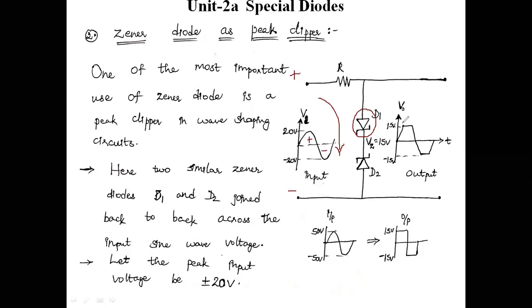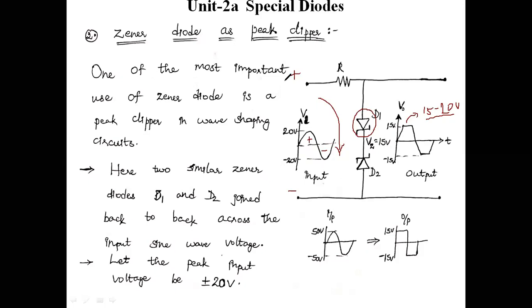Beyond this 15 volts, from 15 volts to 20 volts, that is the breakdown condition. Therefore, the cutting of the waveform takes place from 15 to 20 volts.